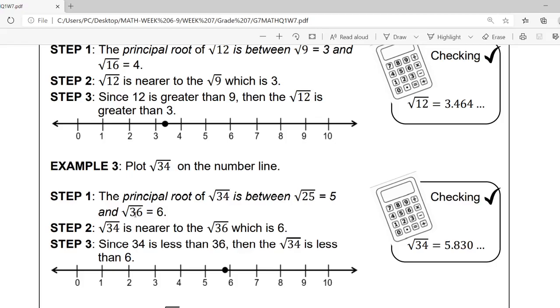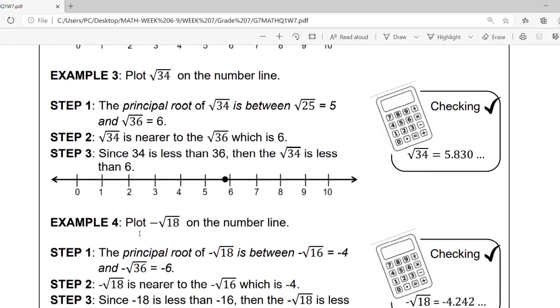The square root of 34 is nearer to 36 than 25, which is 6. So since 34 is less than 36, then the square root of 34 is less than 6. So somewhere here, nearer 6. This is just an approximate.